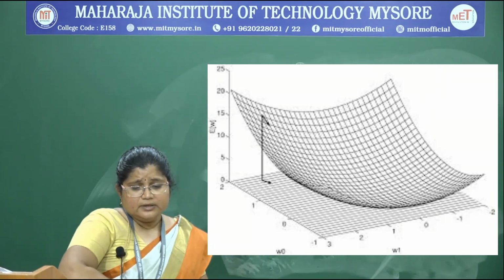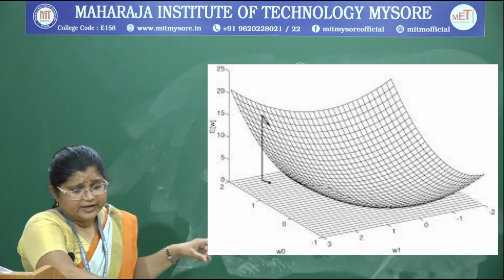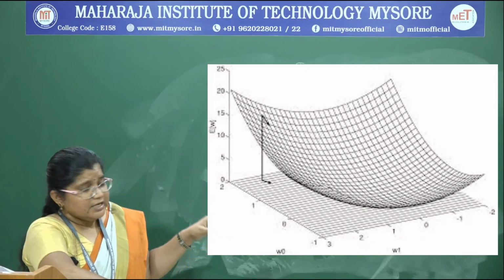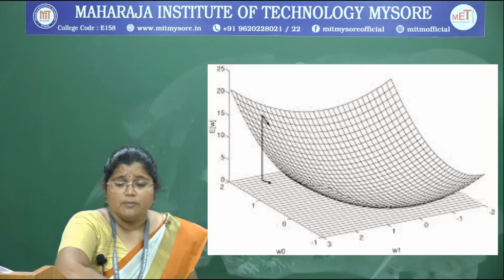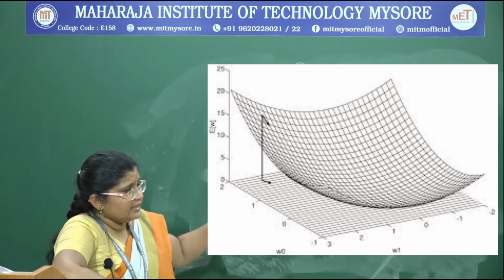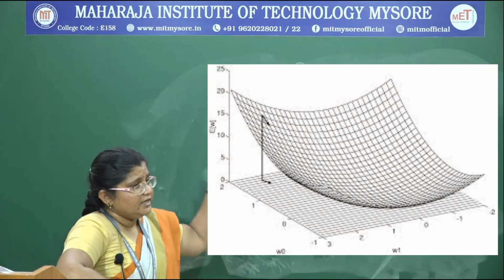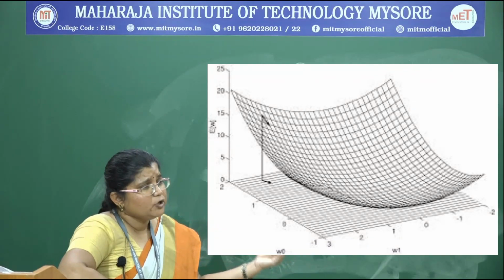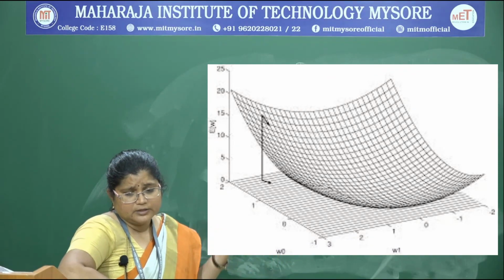For a linear unit, with the way we have chosen E, this error surface must always be parabolic. When you look at this diagram, you can see its structure is parabolic, with a single global minimum value.